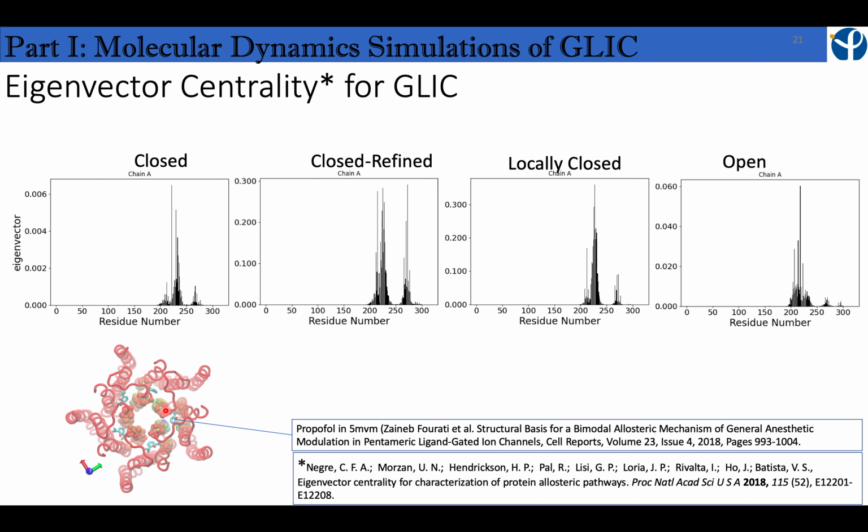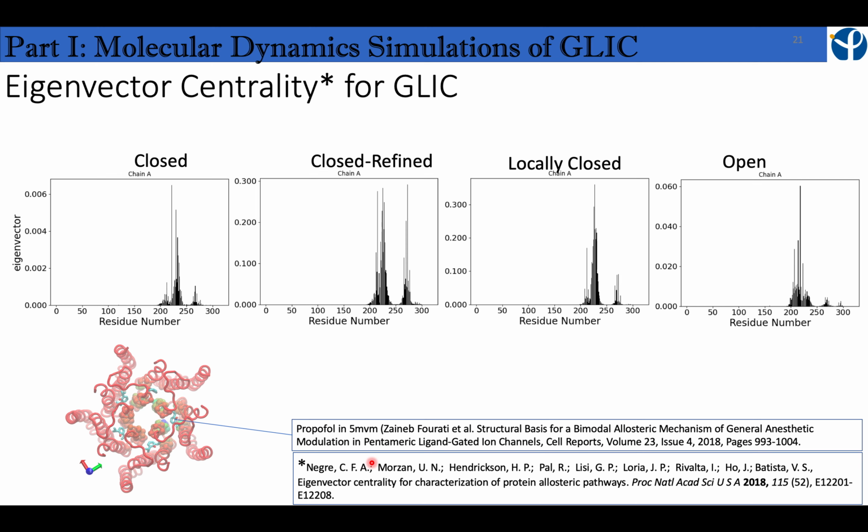We are still searching on it, but we know that there are currently some studies connecting the network eigenvector centrality to allosteric pathways. So we think that the eigenvector centrality or influential residues in GLIC and in some other proteins also may be related to their functional role.